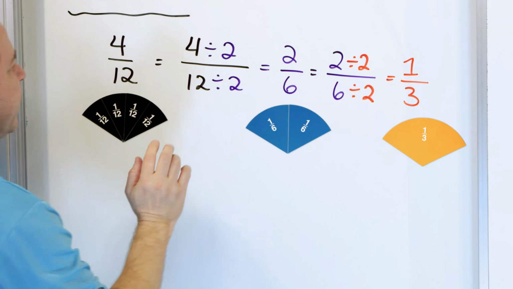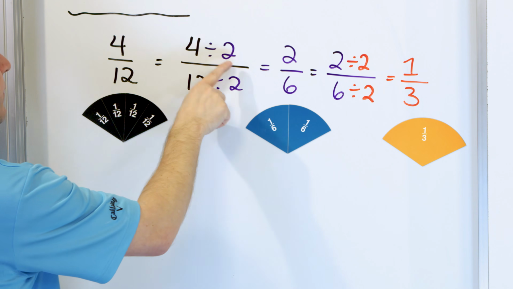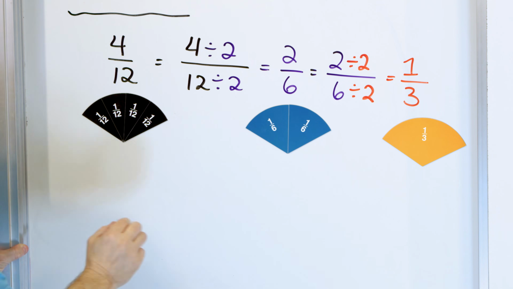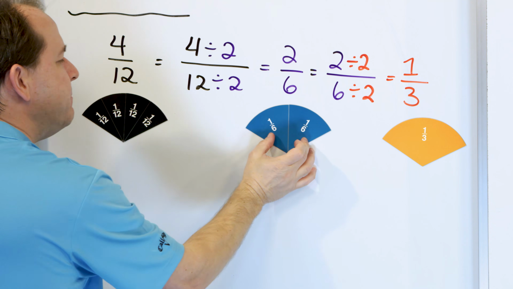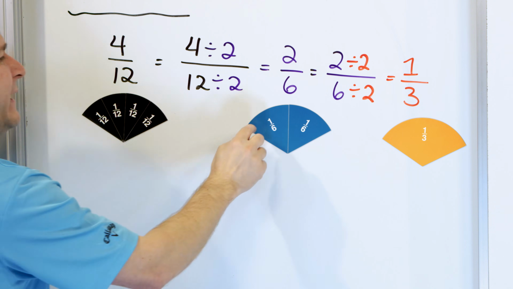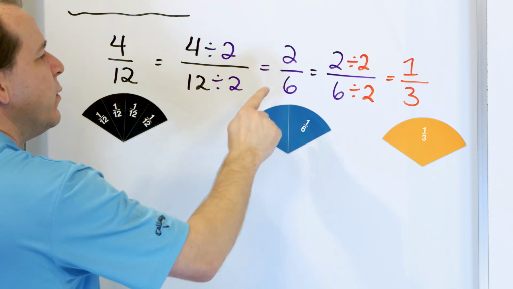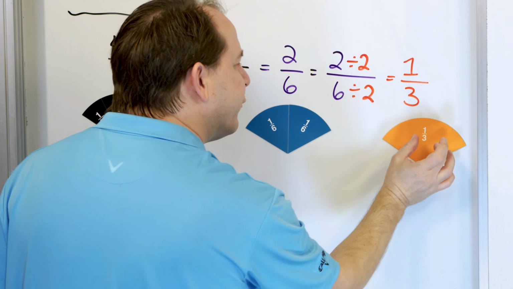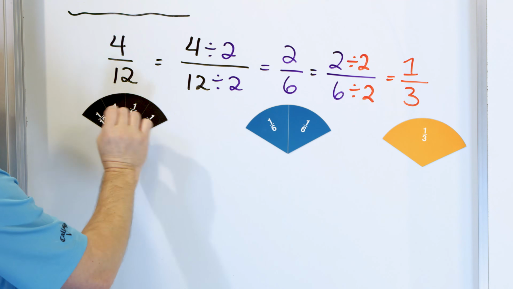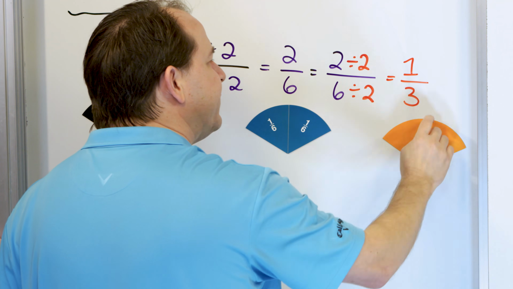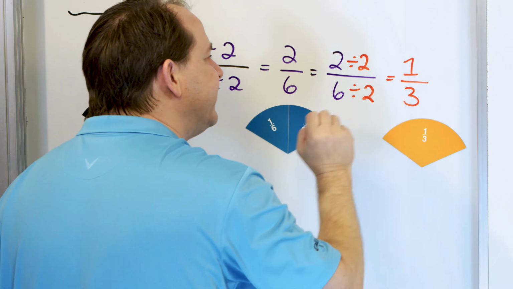So you see what's going on here? When I divide this fraction by 2 on the top and 2 on the bottom, I get this. This fraction means exactly the same as this, but it's not fully simplified yet. But when we divide by 2 again, we get to this, which again means exactly the same amount of pizza, but this is fully simplified because I cannot further divide this anymore.